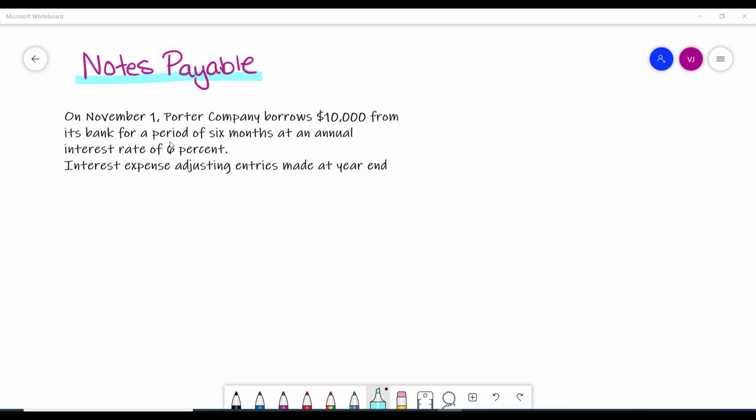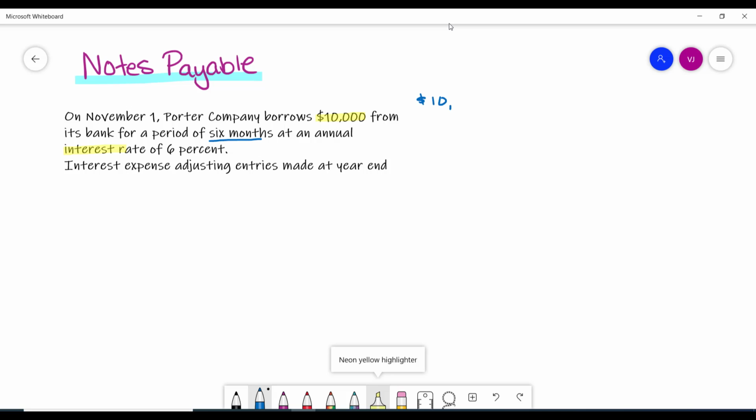All right, so on November 1st, if we count 6 months later, not only are they going to have to pay the $10,000 note back, but they're also going to have to pay back the interest that would have accrued. So what would be 6 months' worth of interest?